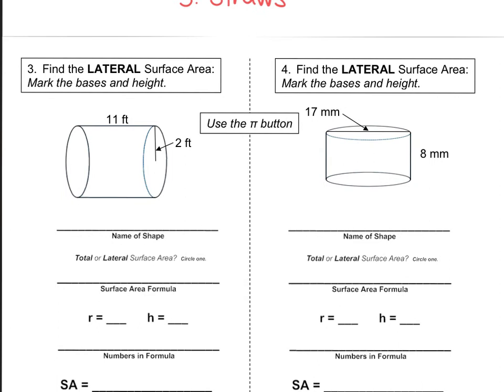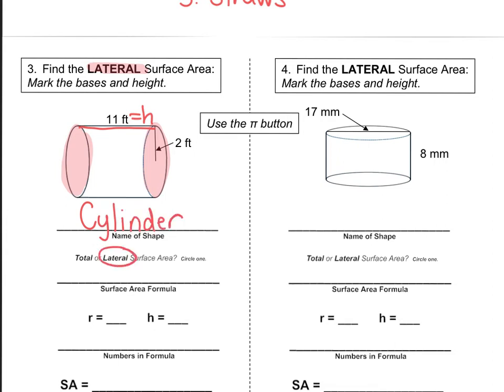All right, so now we can see that it says find the lateral surface area. It still wants us to mark our bases, which are always going to be our circles. And it does want us to label the height, which in this case would be 11. And it wants us to name it just like what we're used to.